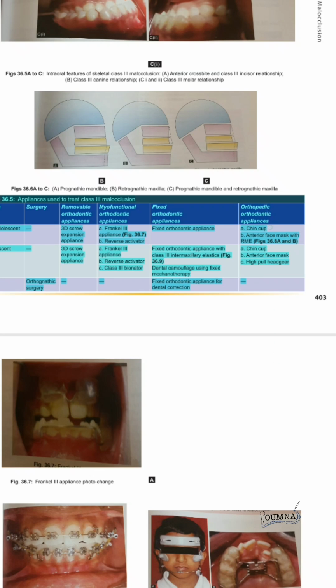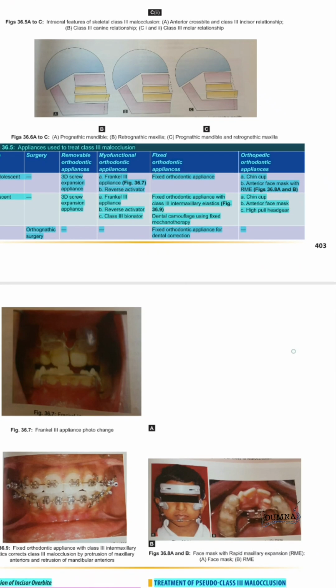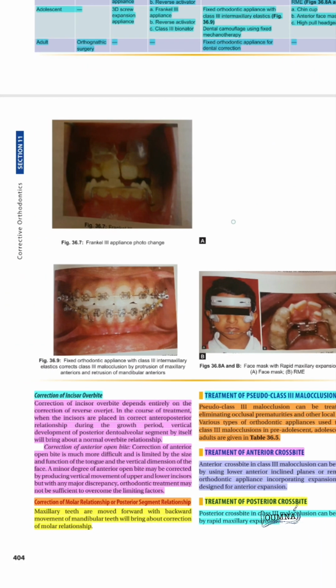Some orthopedic appliances that restrict the growth of the mandible are the chin cup and the anterior face mask with RME. Also, we can use the headgear if it is having a high pull.